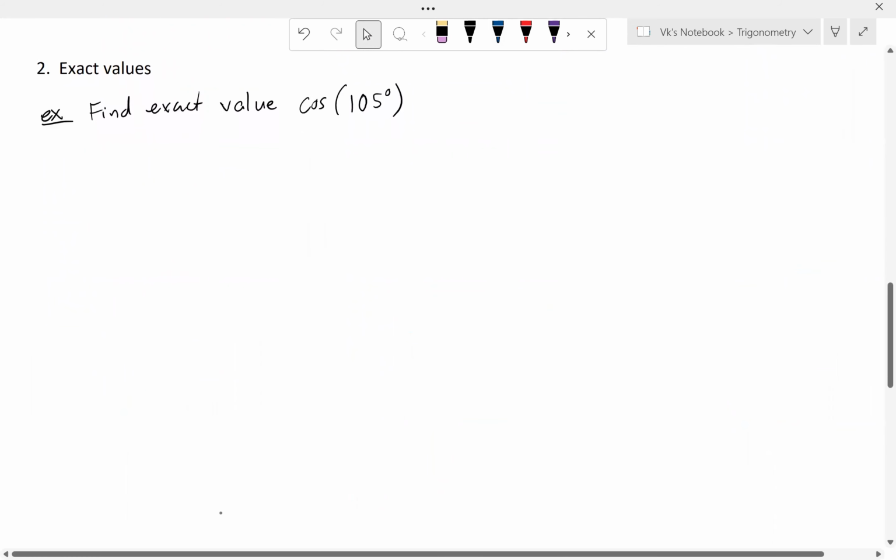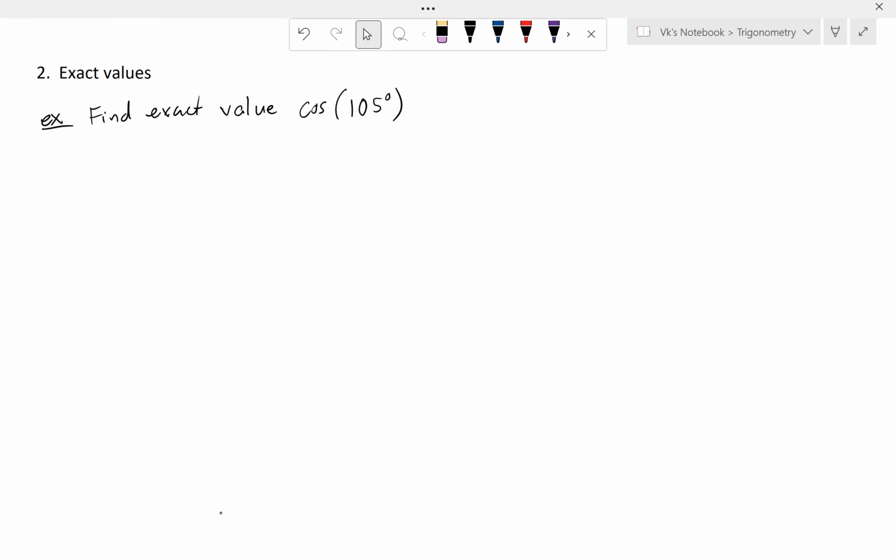Number 2, exact value. Example: find the exact value of cosine 105 degrees. There are 2 ways that we can do it, because 105 degrees is the same as 60 plus 45. Cosine 105 degrees is the same as cosine of 60 plus 45 degrees. And then we know how to take sine and cosine of 45 and 60 degrees.